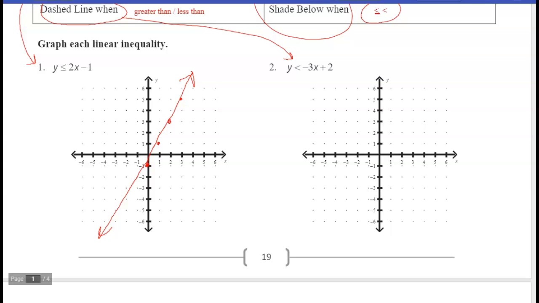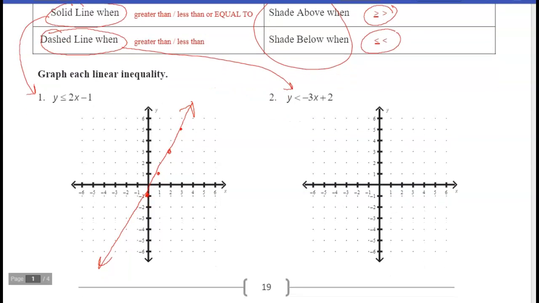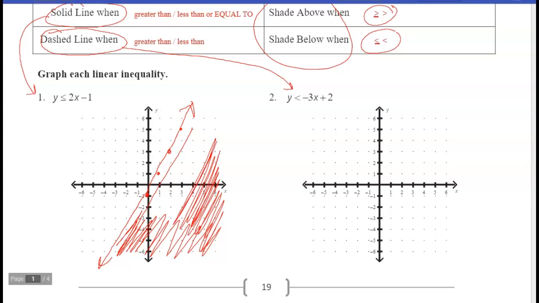This is where it gets a little confusing: what do we shade? This is a less than, so we shade anything less than the line, which is over here on this side. So what you end up doing is you shade all of this over here, and that is what it looks like.